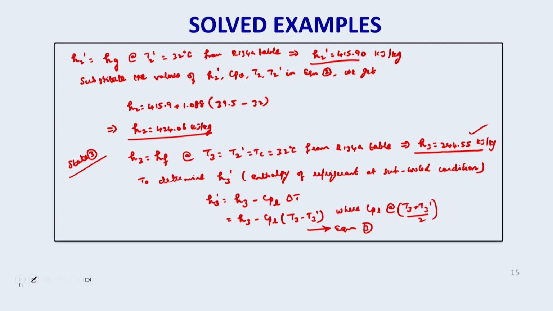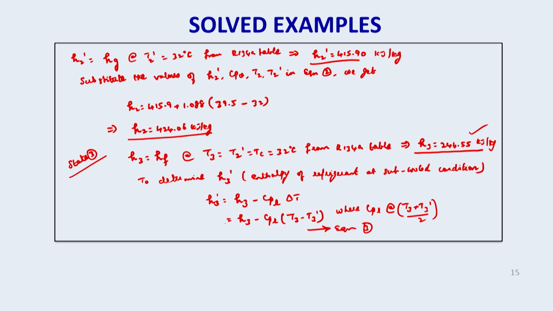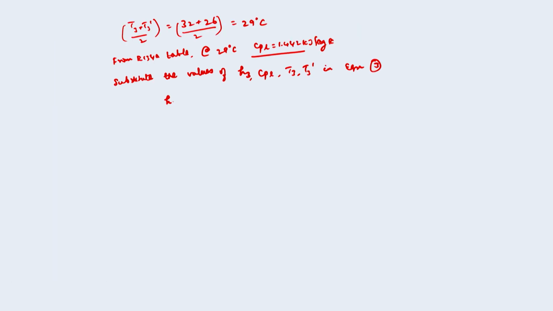Substitute the value of H3, Cp of liquid, T3 dash in equation number 3. So equation number 3 is this one. H3 dash is equal to the H3 value, 244.55, minus Cp of liquid, which is 1.442.